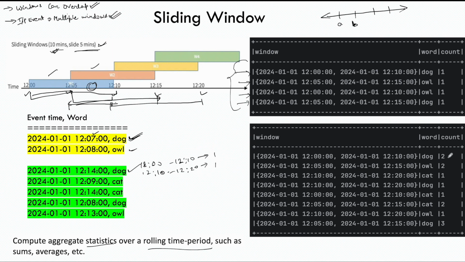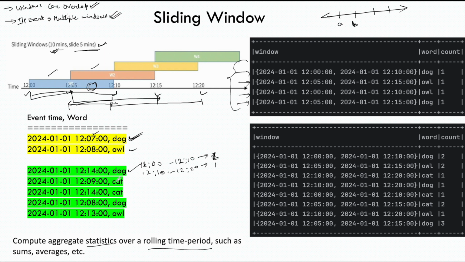Don't worry about this count. This count is 2 because there is another dog event that came at 12:08, and 12:08 falls between 12 and 12:10, so that is why the count is 2. Now you must have understood how it is computing the state information. The previous state is stored, and whenever it receives the same event, it updates the count, which we have already seen previously.